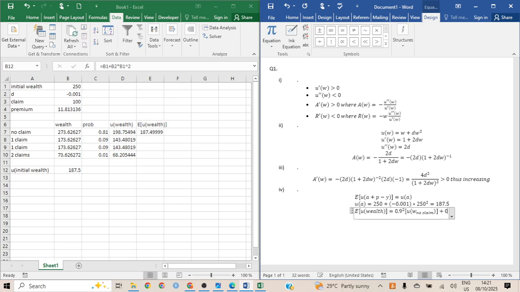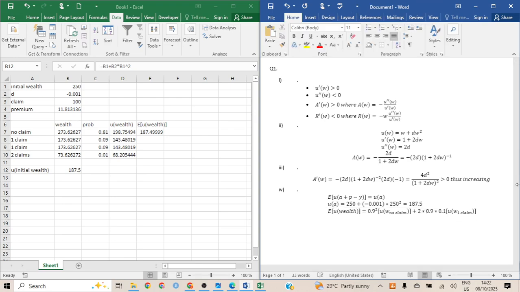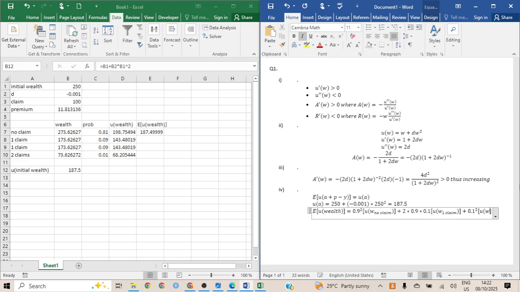You add 0.9 multiplied by 0.1 utility of wealth when there is one claim. But remember, this occurs twice, so we'll add 2 there, and then the fourth scenario will be 0.1 squared utility of wealth where we have 2 claims.